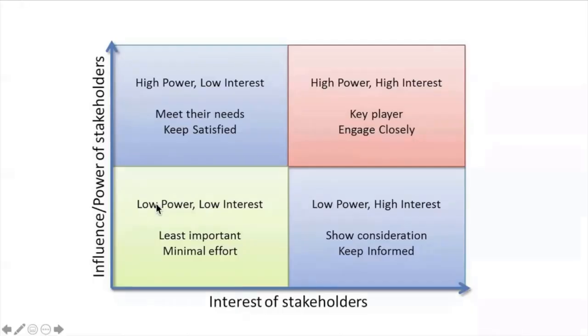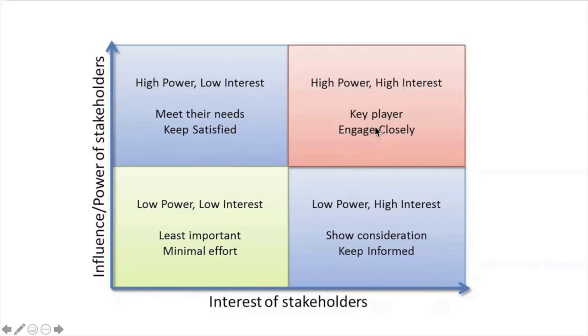The local residents, they have a lot of power if they get together and actually negotiate and talk as a group. So their power is very high because they live in the area and they're part of the whole setting, and their interest to get something good for their children, to be able to utilize it and enjoy it, is also high. So I would say that they're high power and high interest.